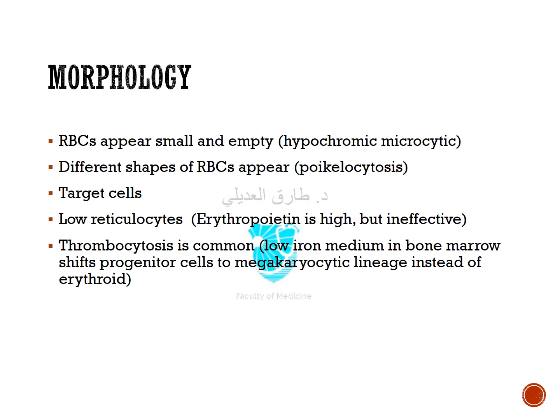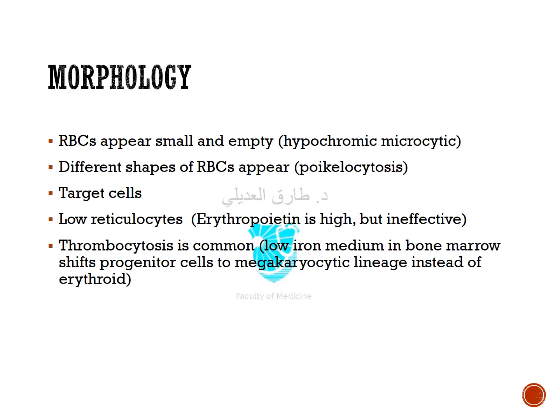Recently, this year, they found that in the bone marrow, when the iron amount is low, this shifts the progenitor cells, the early cells like the stem cell, into the megakaryocytic line instead of the erythroid.